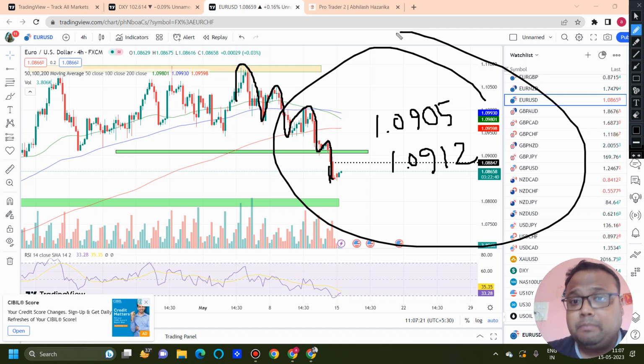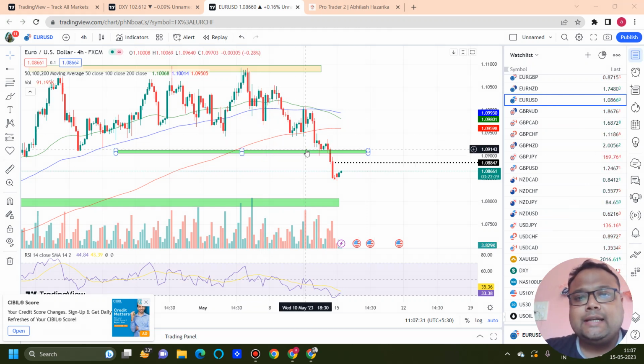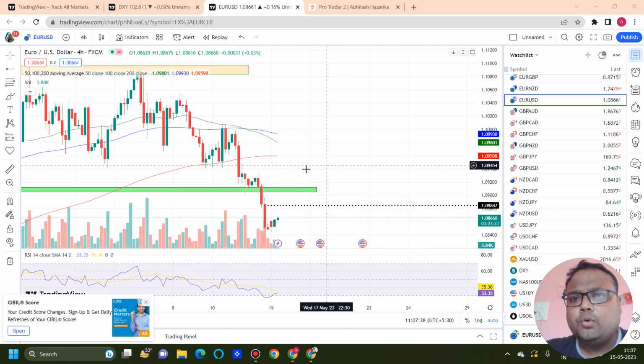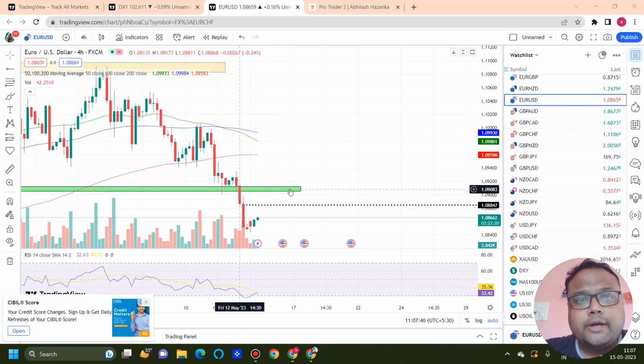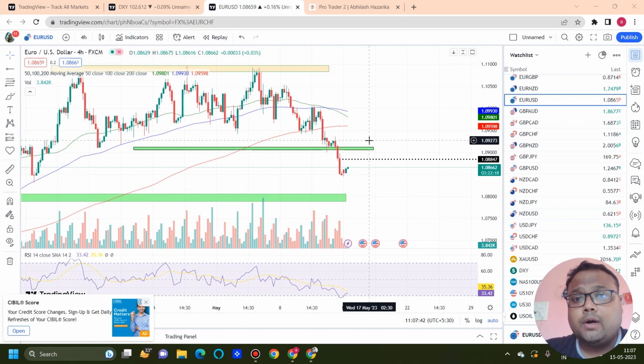If the market goes up and reverses from the 1.0905 to 1.0912 level, we can definitely look for some selling position. But right now we can see that there is not much volatility, and the market does not have much strength to hit the level of 1.0905 or 1.0912.